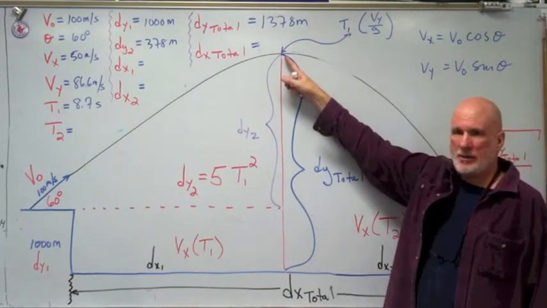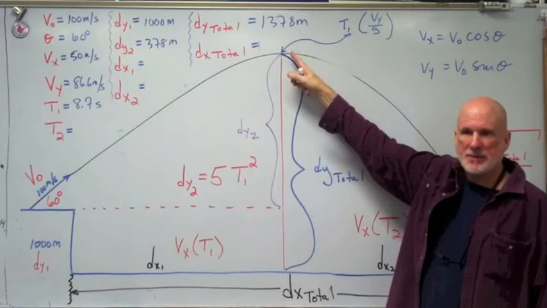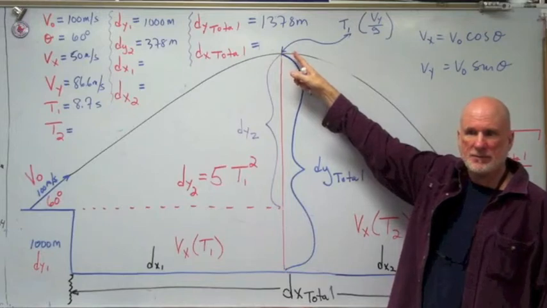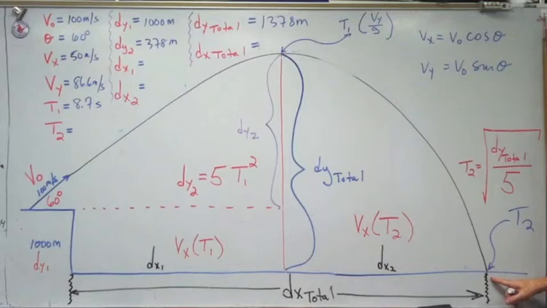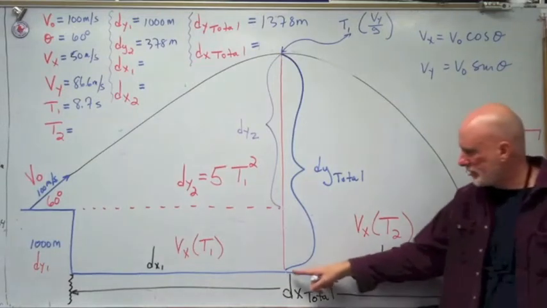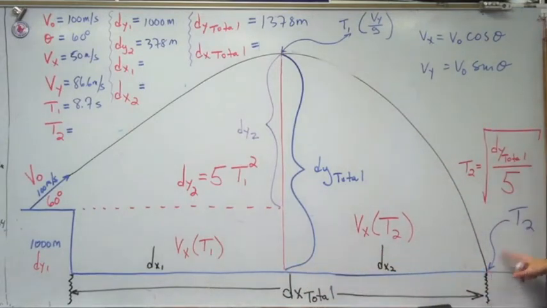We go from here, that point there, the maximum dy, to here. It is the same time it takes to simply go from here to here. We're going to call that T2. How do you solve T2?